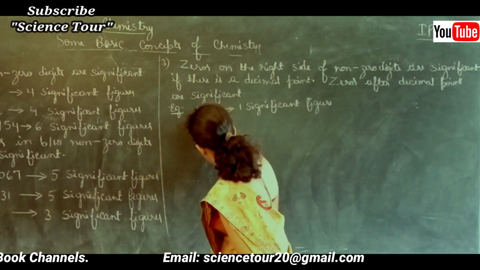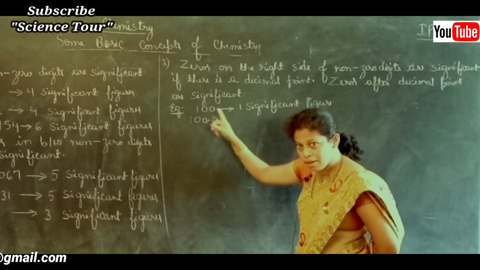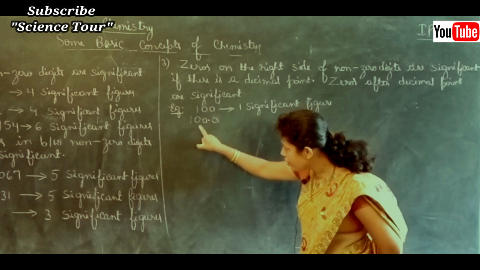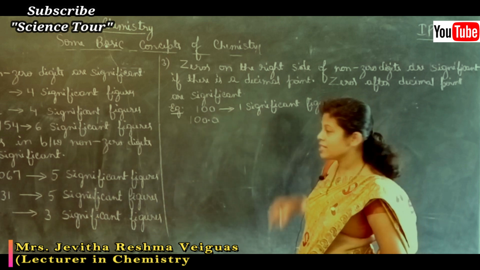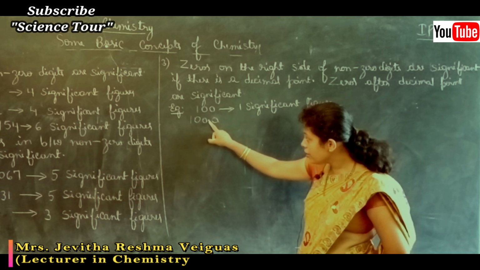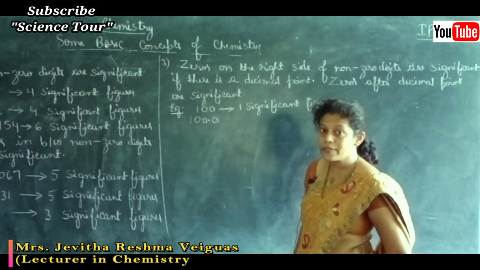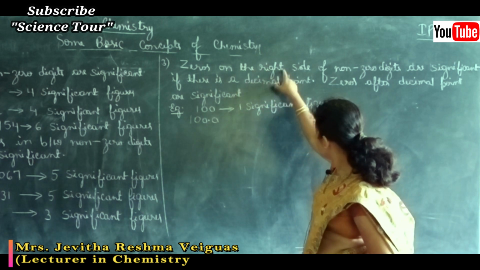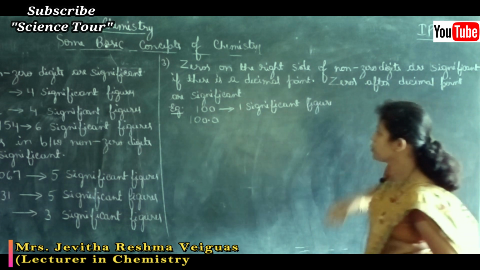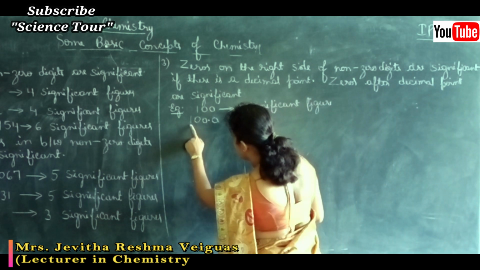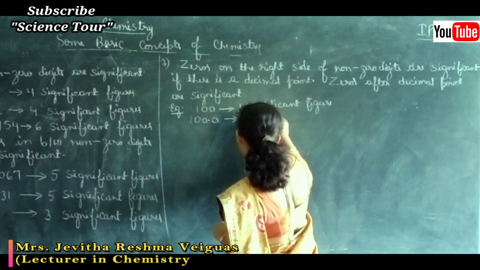Let me have another number: 100.0. See, the value of both numbers is the same. This is also 100, this is also 100. But the number of significant figures varies, students. Here you have only one significant figure, but here you find a decimal point, and after the decimal point there is a 0. So now count how many digits here: 1, 2, 3, 4. So this number has 4 significant figures.